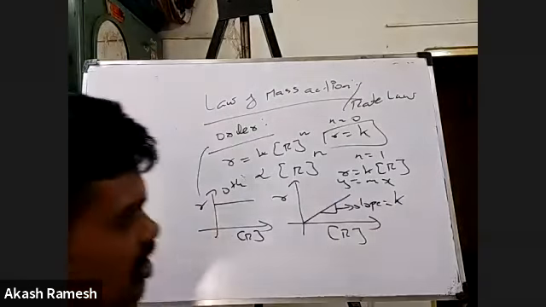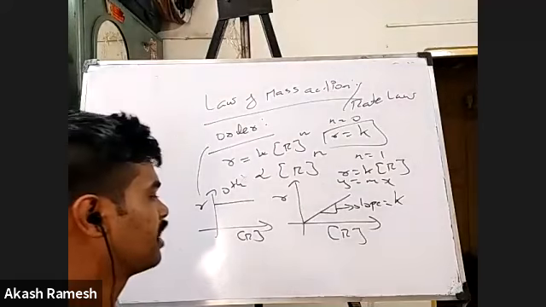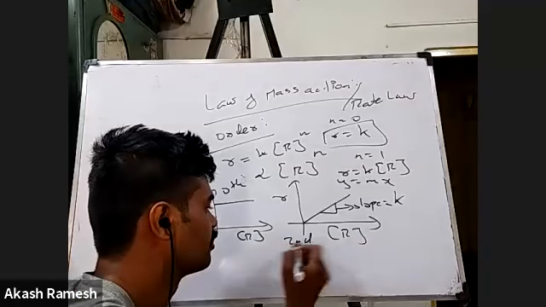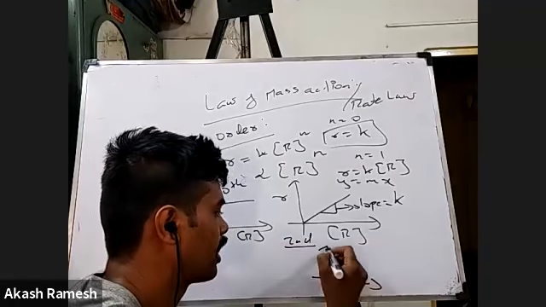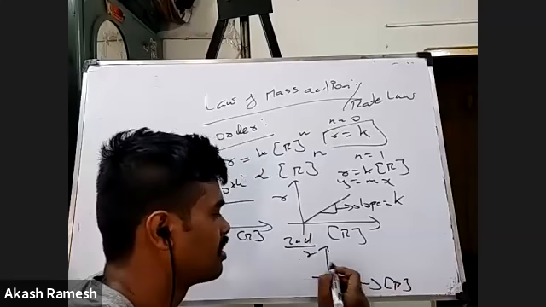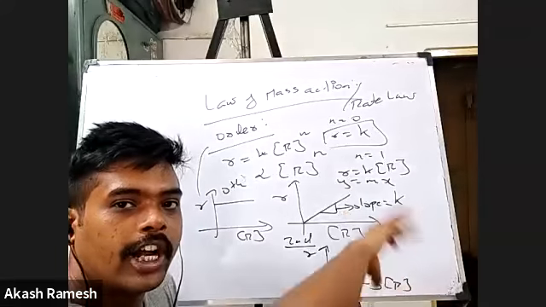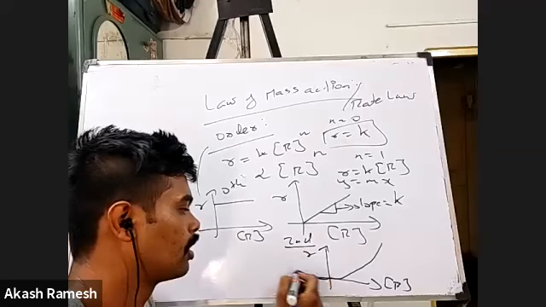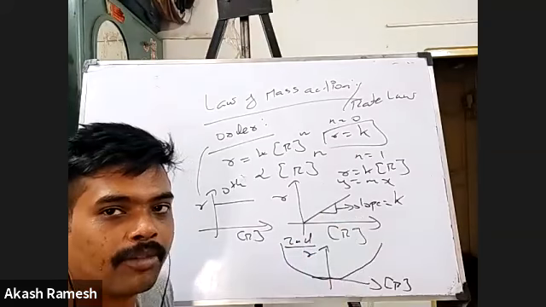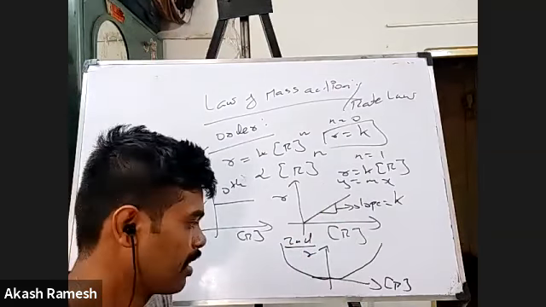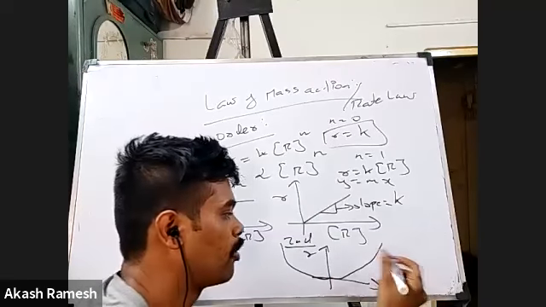So you will see that if it is a second order reaction, and if I plot a graph between rate and the concentration, it is not a straight line, it is actually going to be a parabola. Parabola, you know how it looks. It looks something like this. I'm not very good at drawing, but please bear with it.